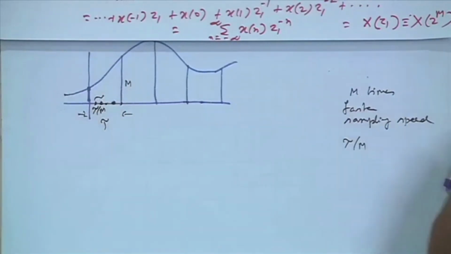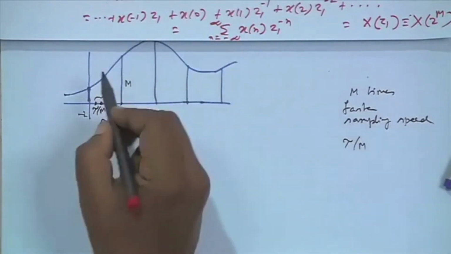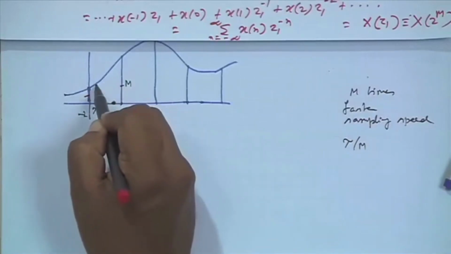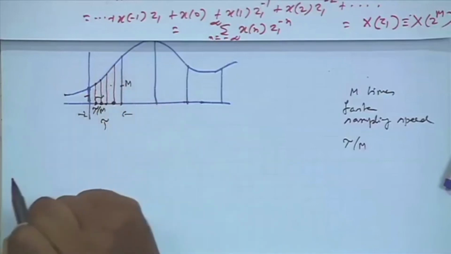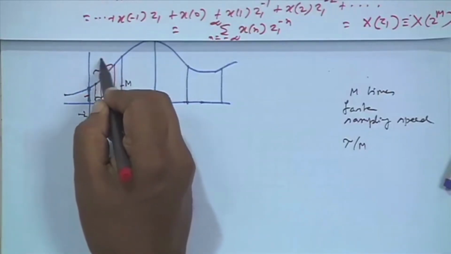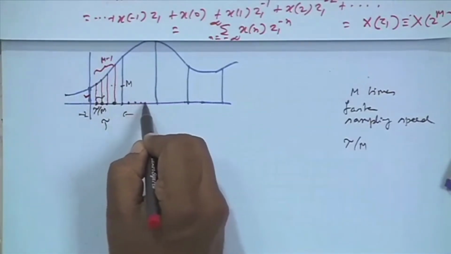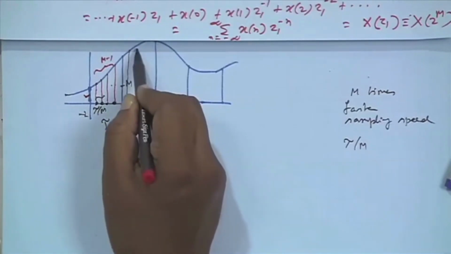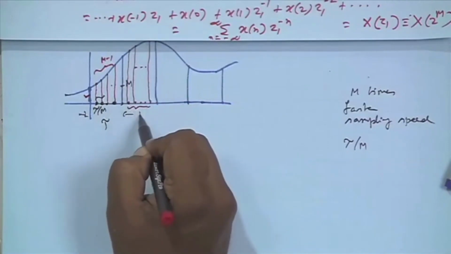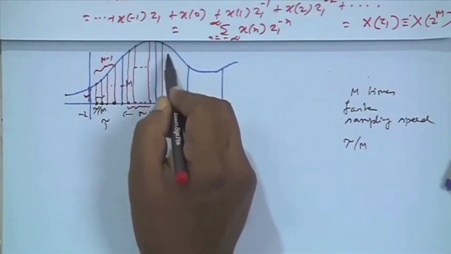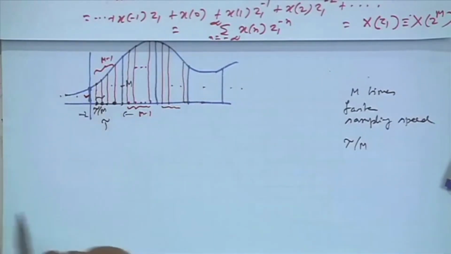That is m. So, this will be the mth sample, and how many intermediate? m minus 1. Now, suppose I had originally sampled this at that high rate, then along with this and this, I also would have got these red colored samples, these m minus 1 samples. Then again here, I would have got another m minus 1, again here, and so on.